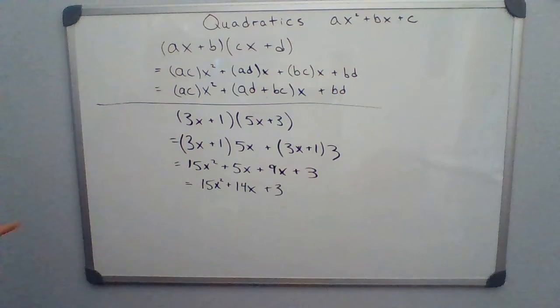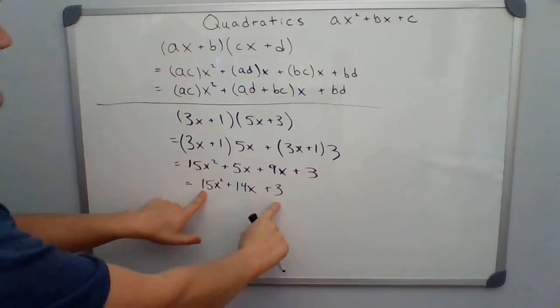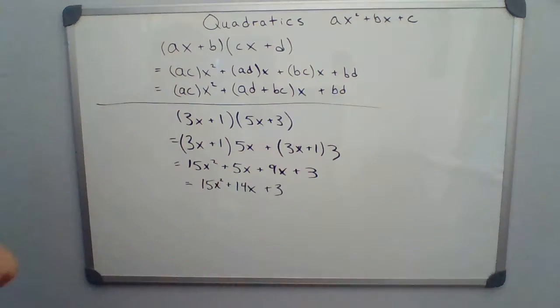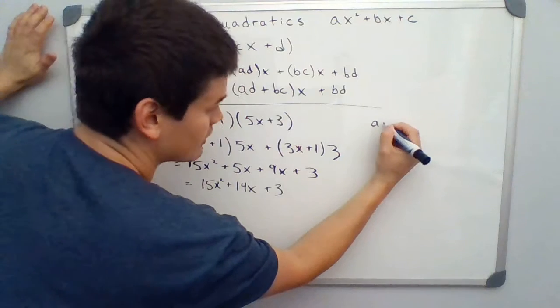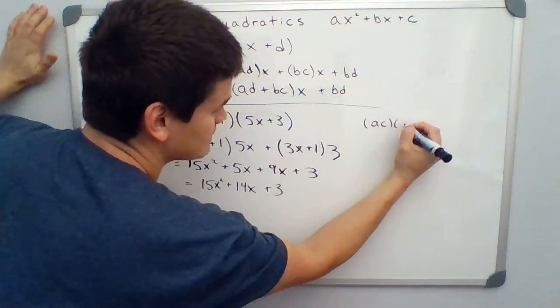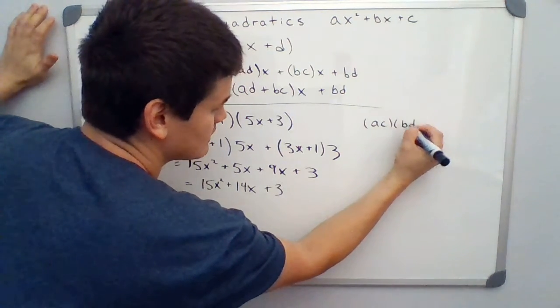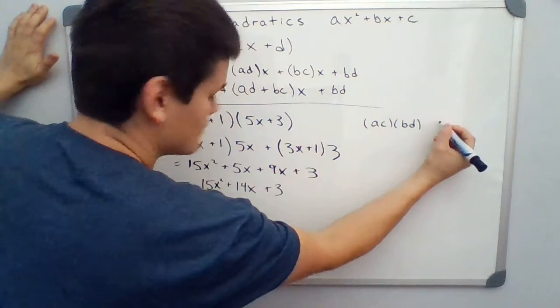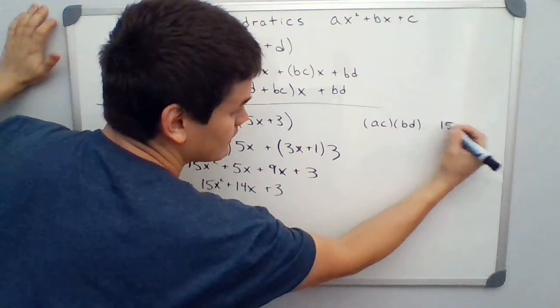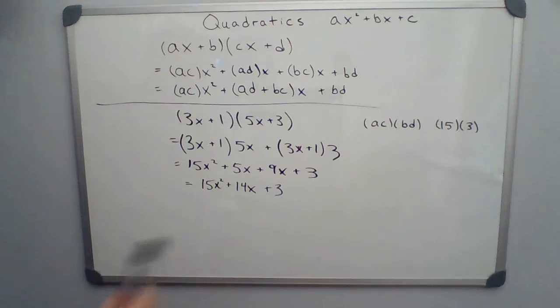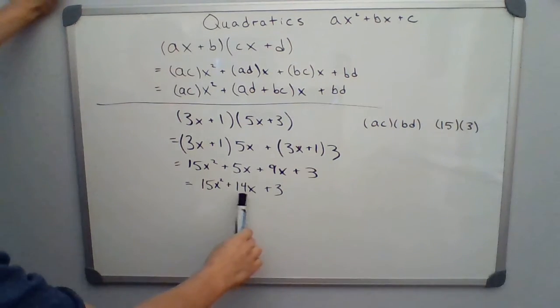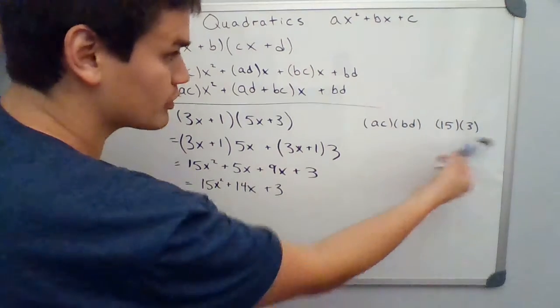Alright, so the main point here is that 15 and 3 represent AC and BD there. So AC times BD is what 15 times 3 is, and 15 times 3 is 45.